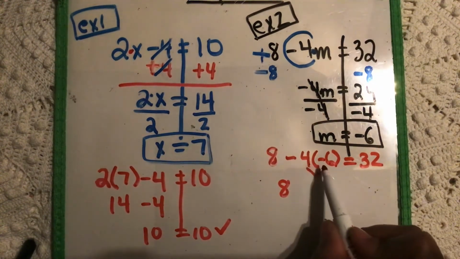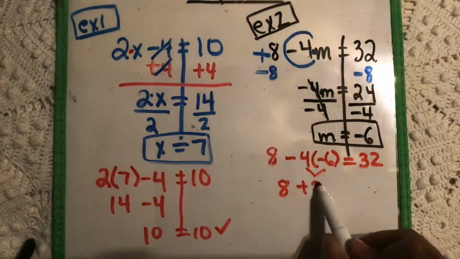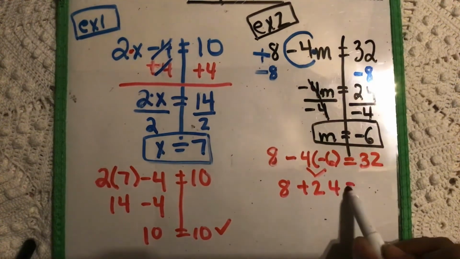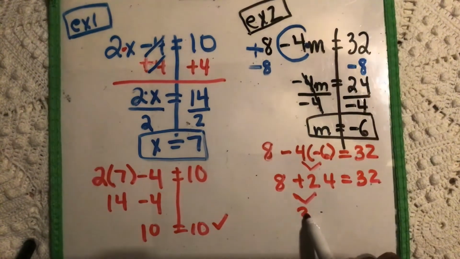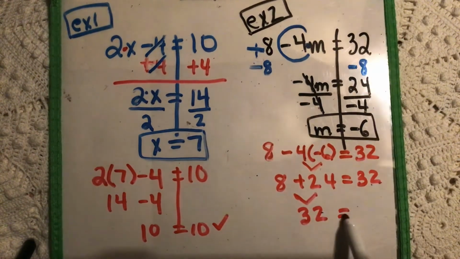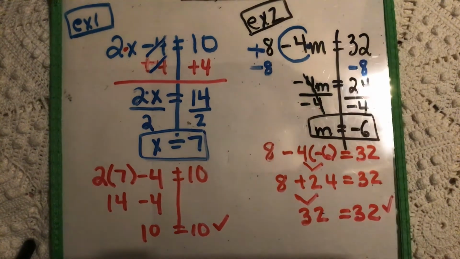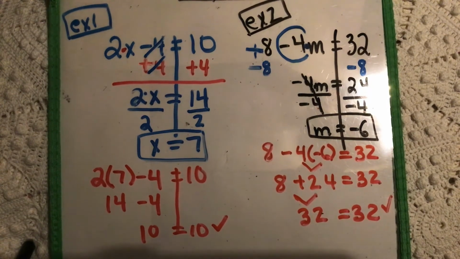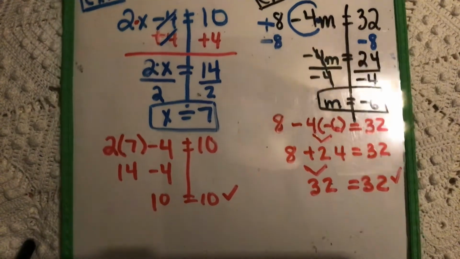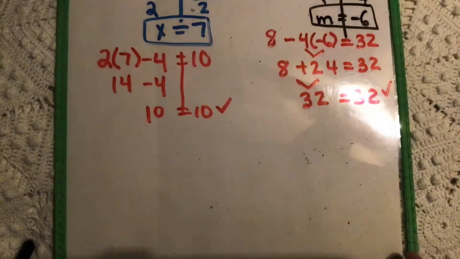So I have a -4 times -6. That's a positive 24. I'm hoping that it's a 32. Let's check. Don't assume. 24 plus 8 is a 32. Yep, we did that step correctly. All right, let's do one more. Let's do a divide.